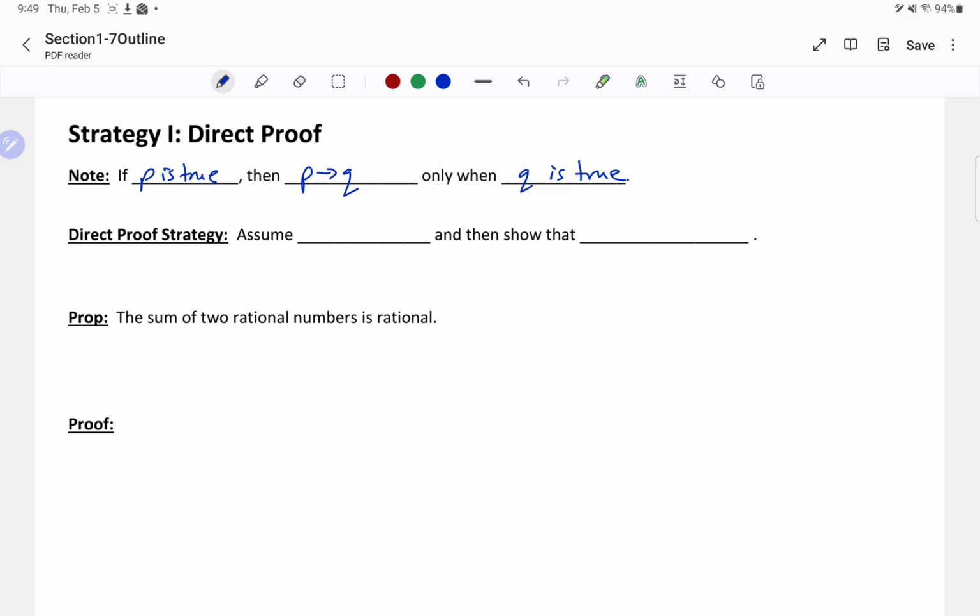It's the only way that can happen. So in a direct proof, we're going to assume that P is true, and then we're going to show that Q is true. That's our strategy for direct proof.